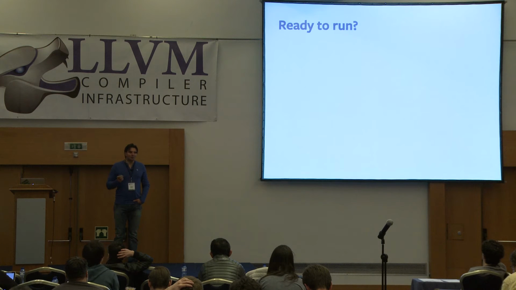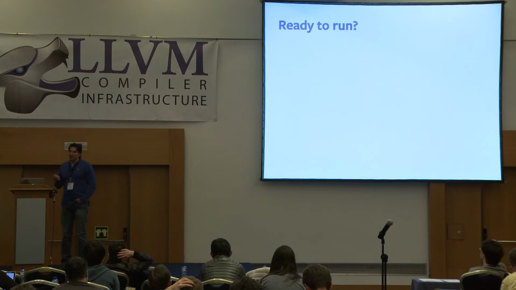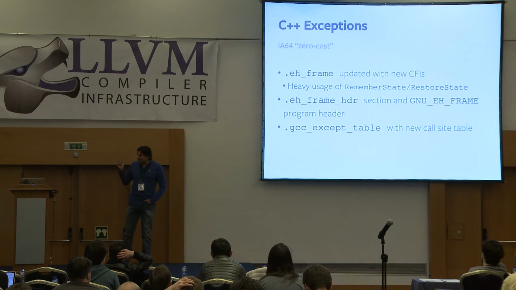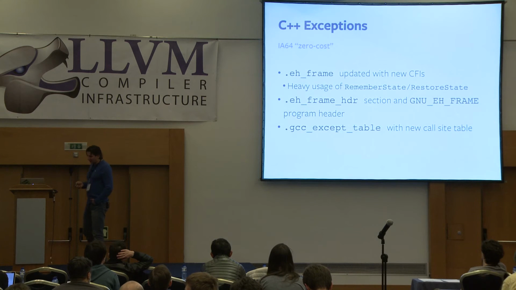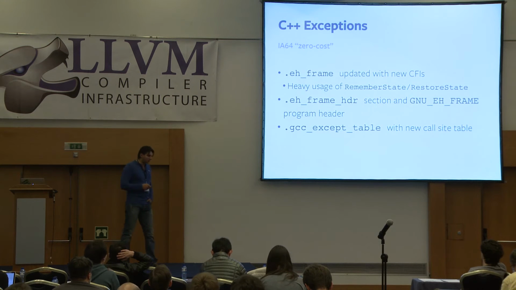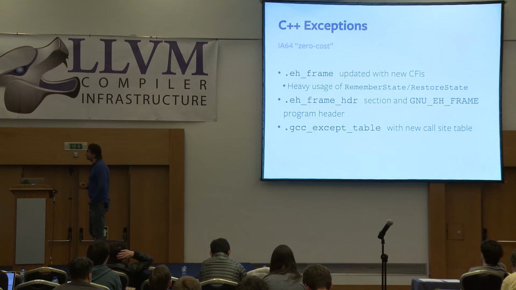I don't know if you can guess what it is, but since our binary is written in C and C++, you need to update exception headers and exception tables. And this proved to be a lot of work. We need to update 3 sections for this based on modifications to the code itself.